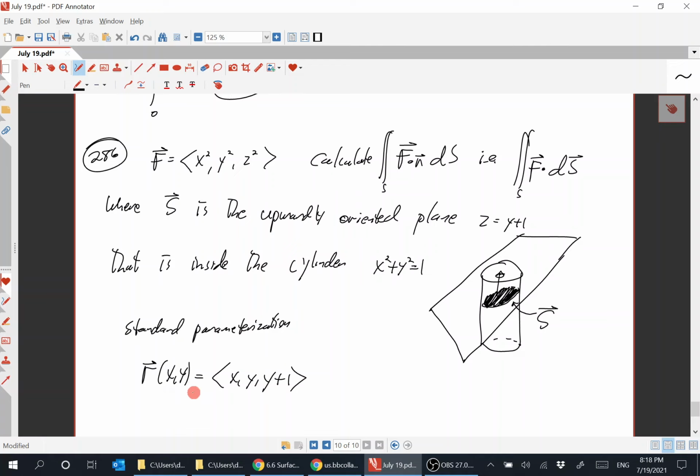The domain for the vector function that defines that surface is the shadow that the surface casts when you shine the light straight down the z-axis. So what's the shadow in the xy plane? Well, if you take the whole plane z equals y plus 1 and you shine the light down, it covers the entire xy plane. So obviously that's not it. Which part of the surface are we looking at? Just the part of the surface in the cylinder. Just this blackened part. So the shadow in the xy plane is that.